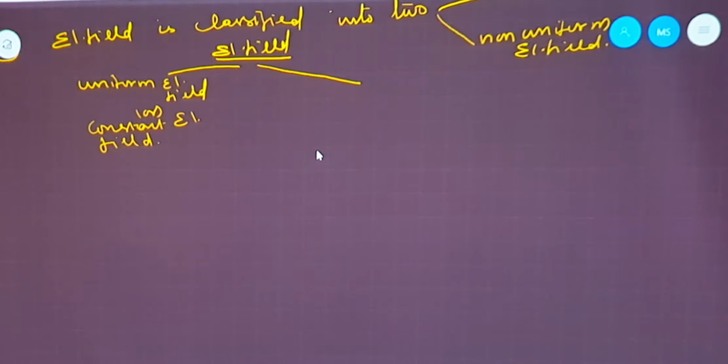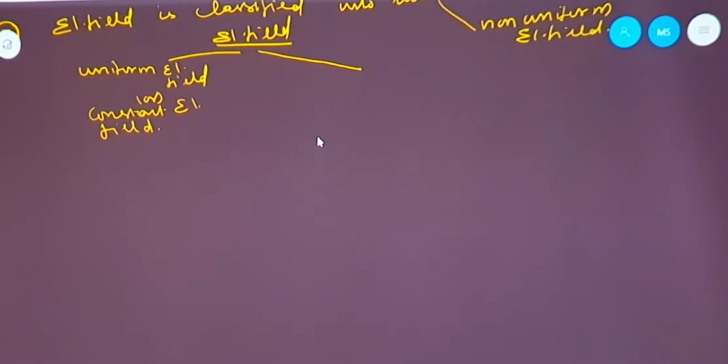I can state this as uniform electrical field or constant electrical field if you are having the same electrical field at all points and acting in the same direction.